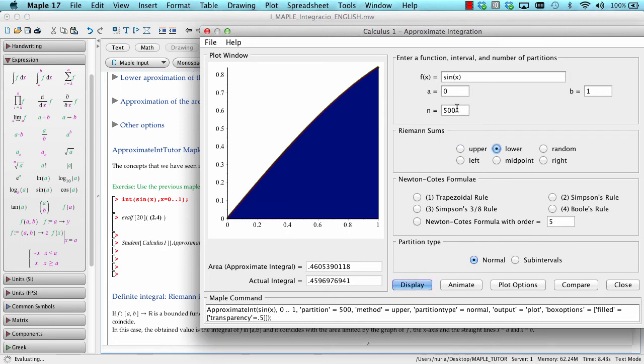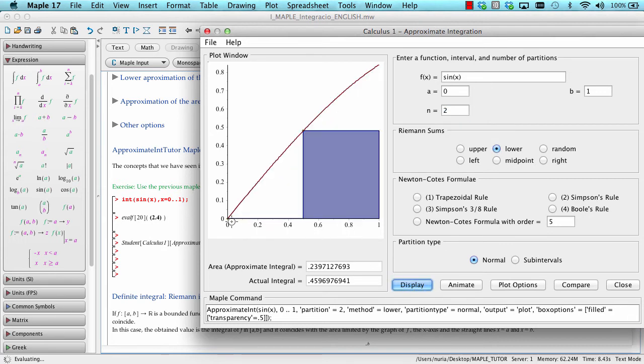Now let's see what lower does. Lower means that now we are going to take the minimum of the function as the height of the interval. In this case, this is a 0 area and this rectangle has an area 0.23, so we are approaching the area we want to find from below.